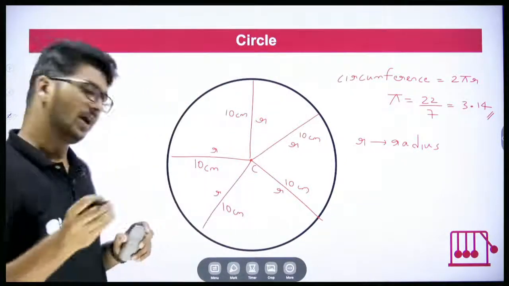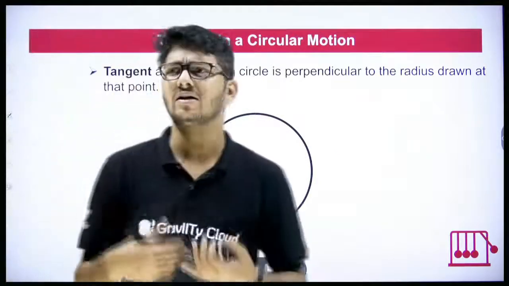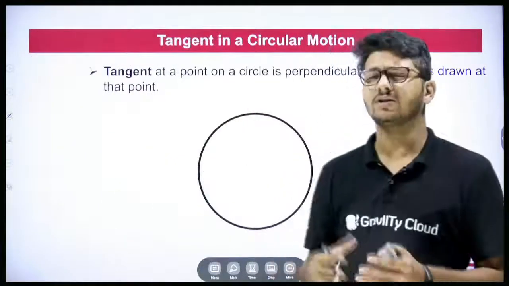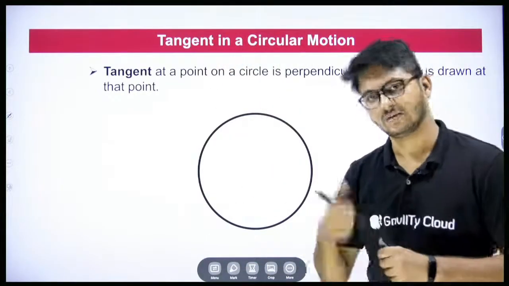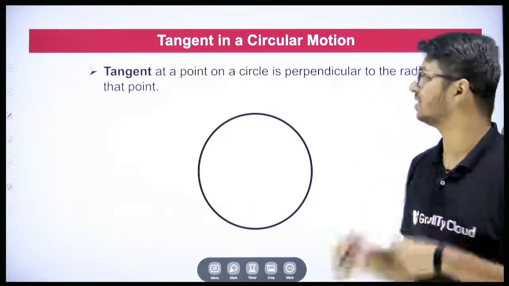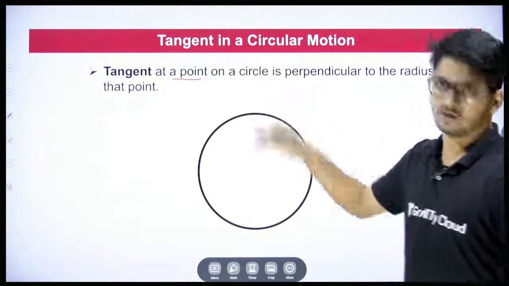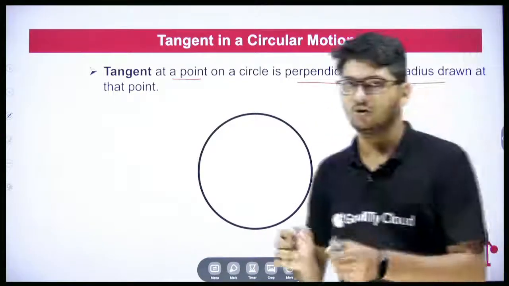Simple. Okay? Good. Now, there is one more important line, which is very important. That is something called a tangent. We learned about radius. Now, there is something called a tangent. What is a tangent? Tangent at any point on a circle is perpendicular to the radius drawn at that point.